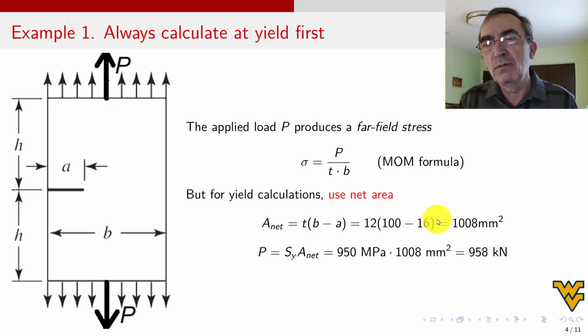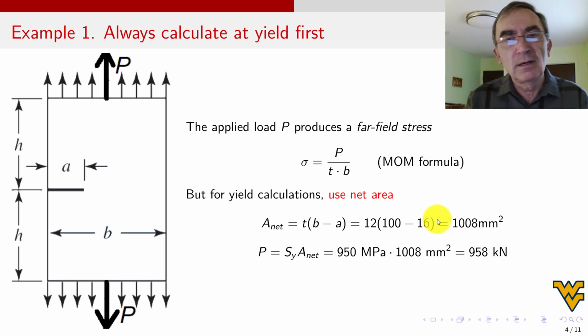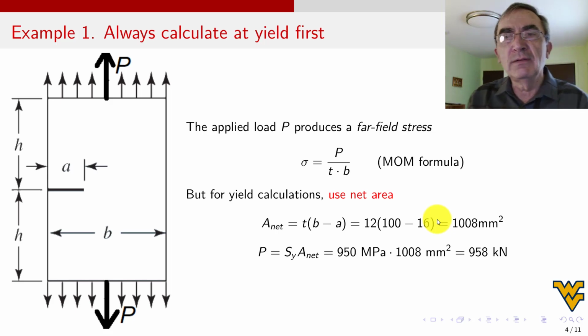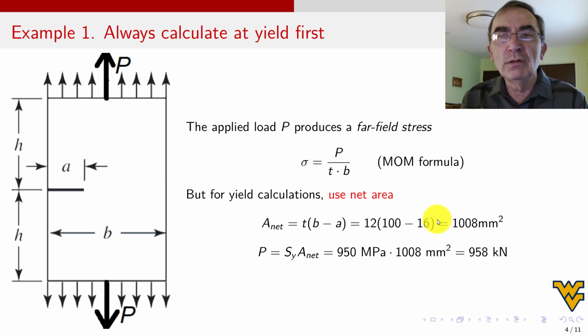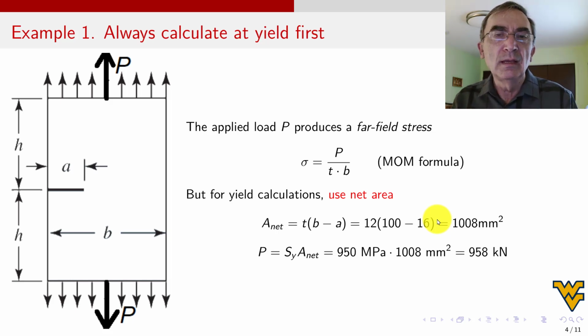Whether we do an analysis or design, if we suspect or we know there is a crack, we always have to check yield first. So first we're going to calculate the load that it will take to get this specimen into widespread plasticity, which we will call failure because it has yielded.